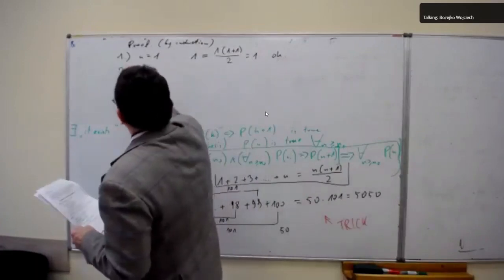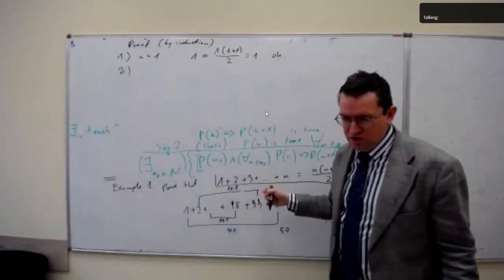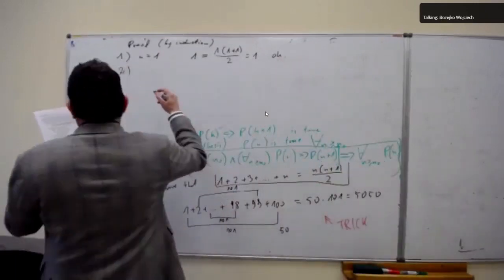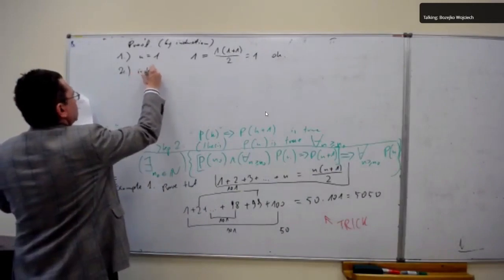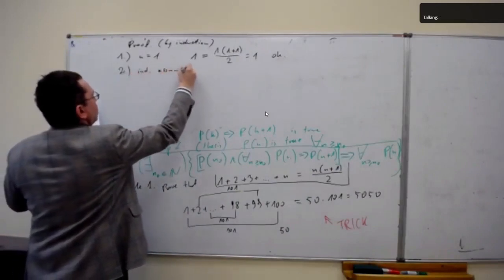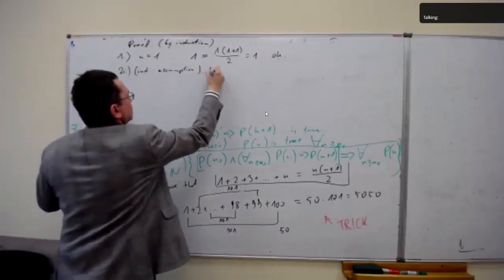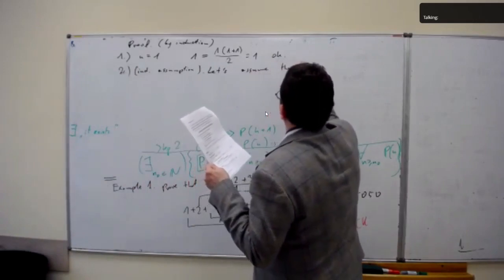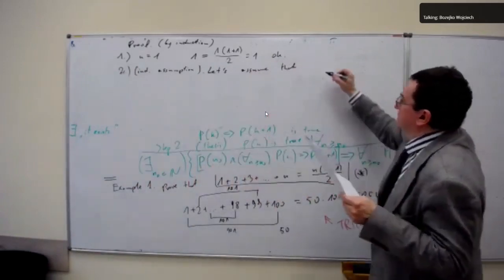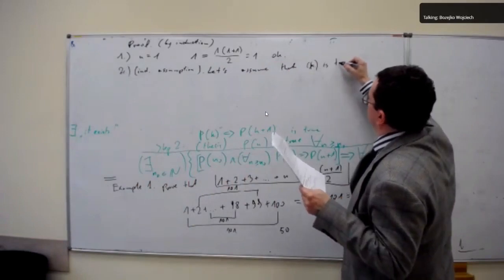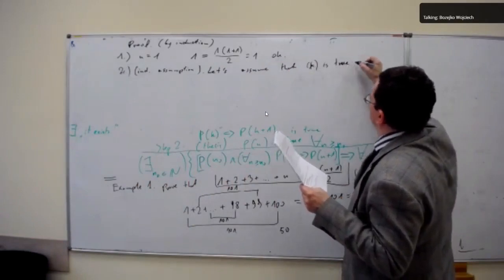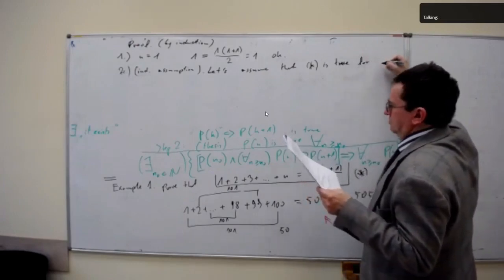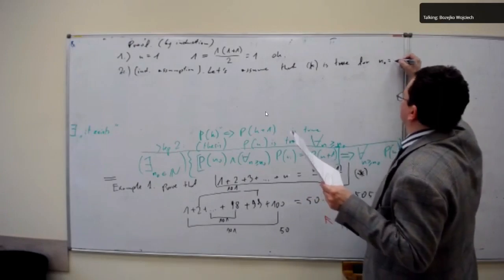Now we should assume that the equation is true and check if this is also true for the next n. So, inductive assumption. Let's assume that this equation is true for n0 equals 1.